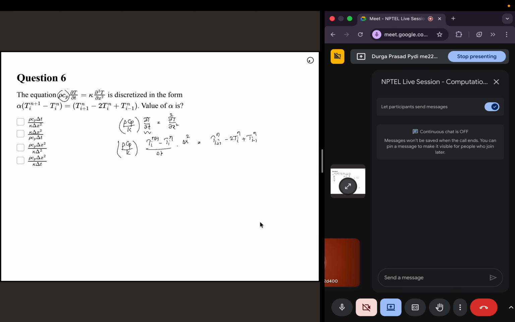If I club the terms together, the coefficient alpha is here by kappa times delta t. The only problem here is that you get confused with alpha as thermal diffusivity or something, and then you mess up the options. Other than that, this is not anything else. All you have to know is how to write the difference equation in time and space, and just rearrange the terms algebraically, and then we get it.